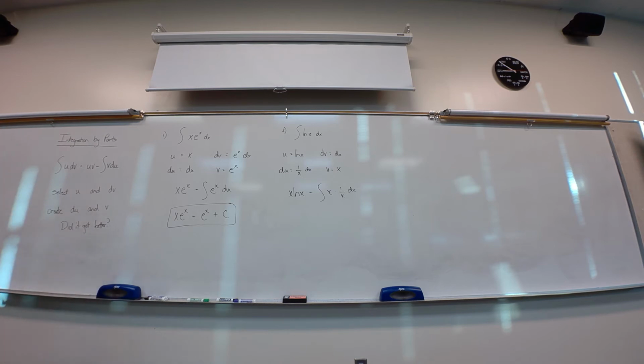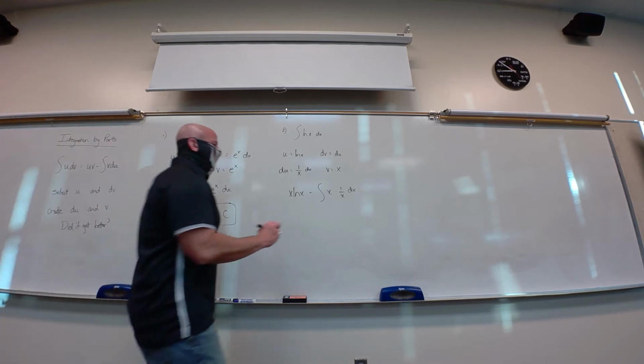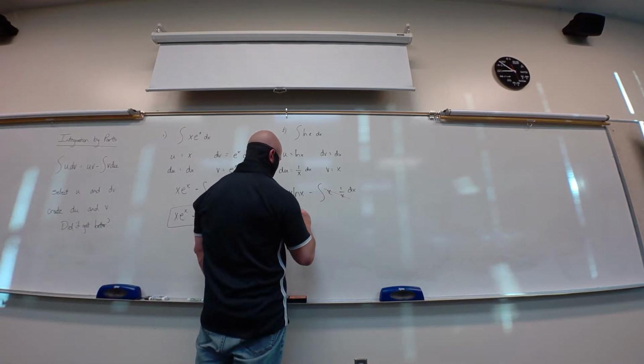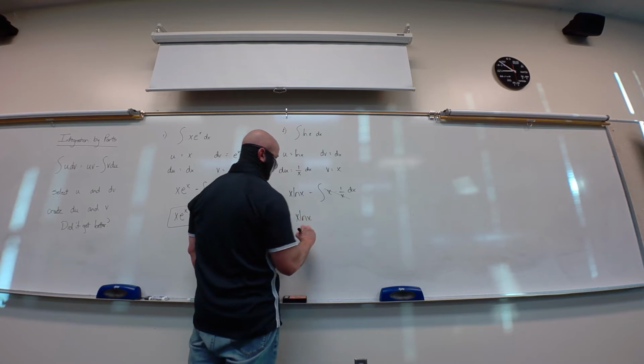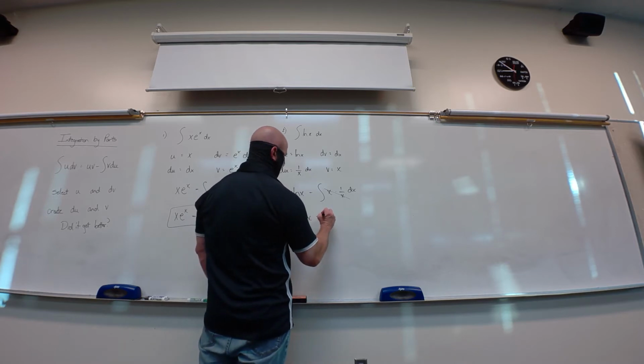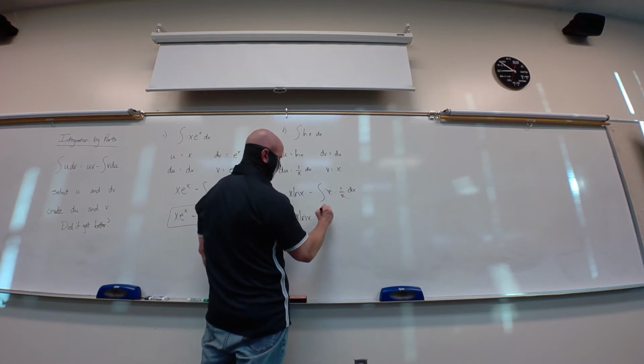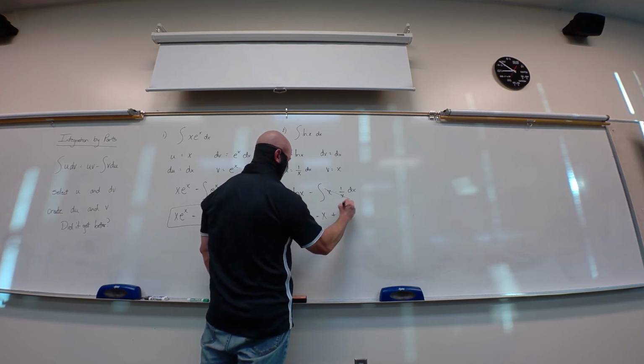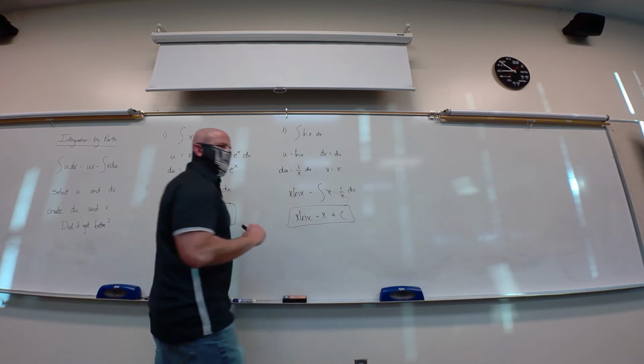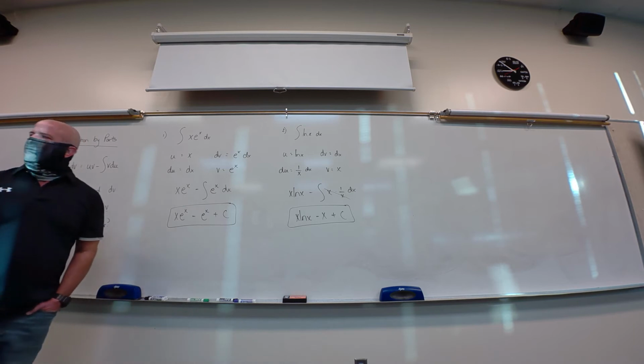Then you're asking yourself the question, did it get better? Yeah, because those x's cancel, right? Big deal there. This is looking a lot better. So we're going to have x ln x minus, and the integral of 1 would just be x, right? Now this is done by parts.